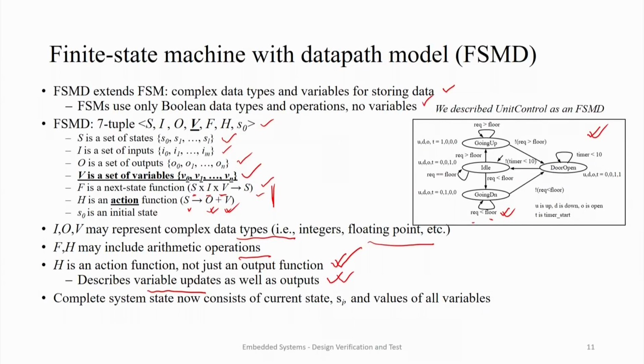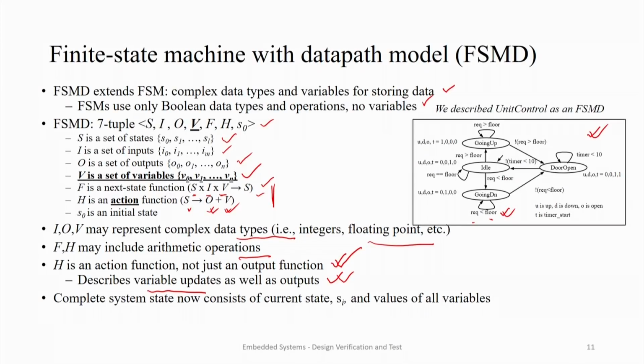The complete state now consists of the current state S_i and the values of the variables. So, the state in an FSMD or an extended FSM consists of the state and the values of the variables. The elevator controller state machine that we had drawn is actually an FSMD and not a simple FSM.